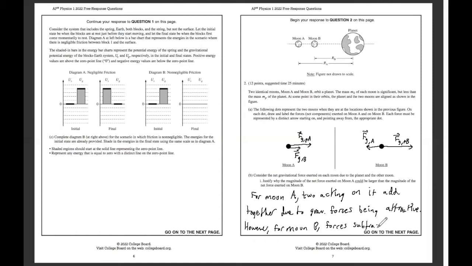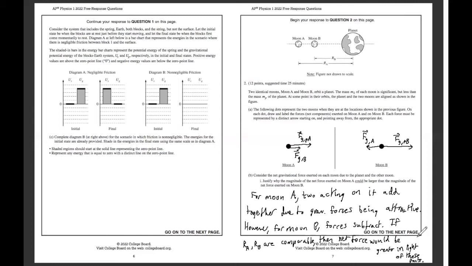Now, that alone is not actually enough to say that moon A would have a larger net force. The thing I would also have to say is that if RA and RB are comparable to each other, then I would say the net force would be greater on A in light of this. All right.